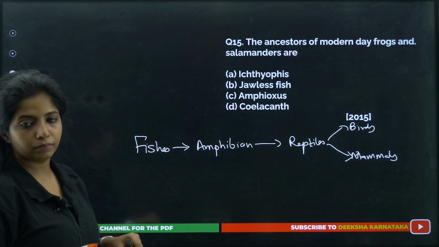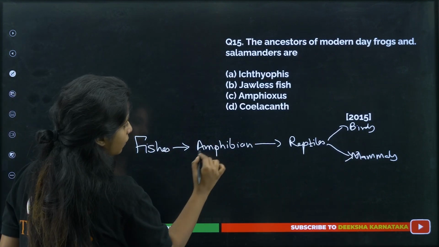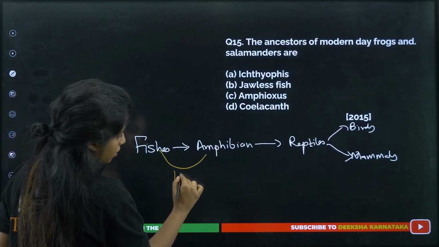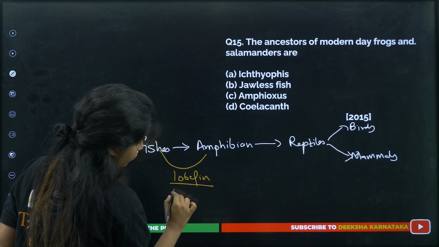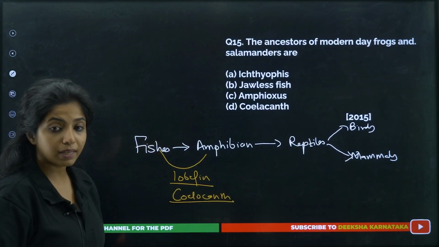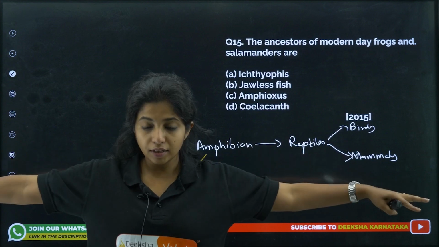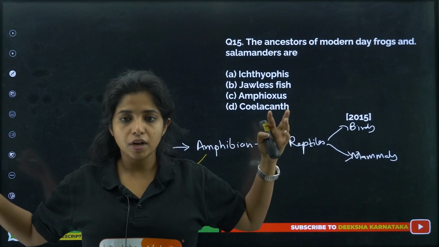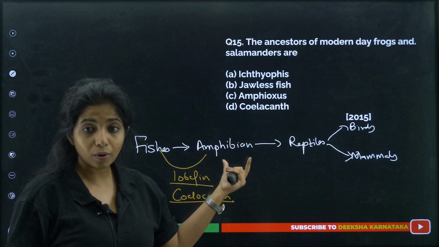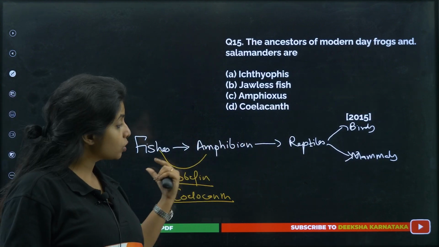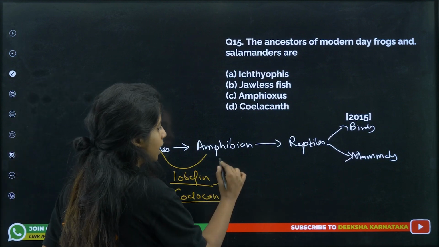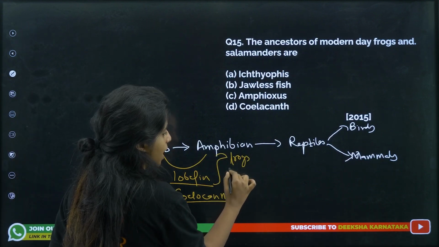Over here, from fishes to amphibians, in between there is a link, an organism which was known as lobefin or coelacanth. This lobefin or coelacanth basically had strong fins, which made it a fish, but it was able to move on land also. And I hope you know that amphibians are the ones that live both on land and in water. So this was the link that was there. So ancestors of modern day frogs and salamanders: from this guy came our frogs and salamanders.